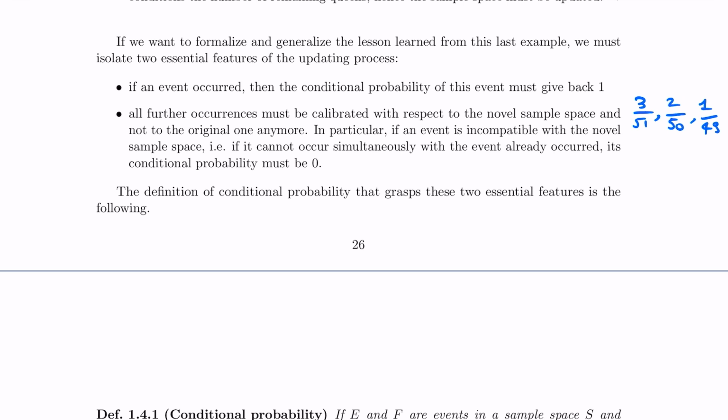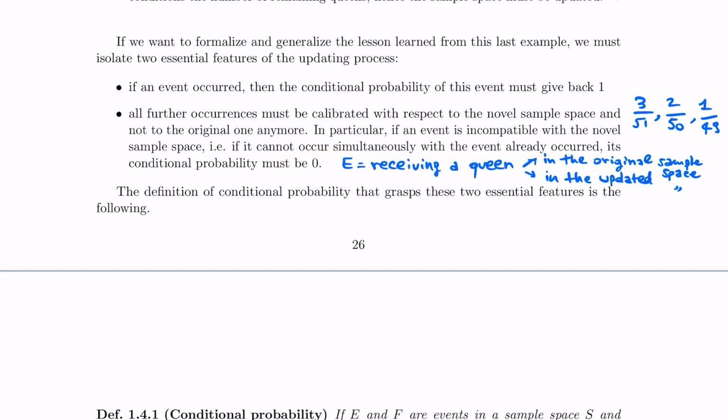In particular, notice that if an event is incompatible with the novel sample space, that is, it cannot occur simultaneously with the events that have already occurred, then its conditional probability must be 0. For example, the event receiving a queen has probability 4 over 52 in the original sample space, but it has probability 0 in the sample space that has been updated after receiving 4 queens.